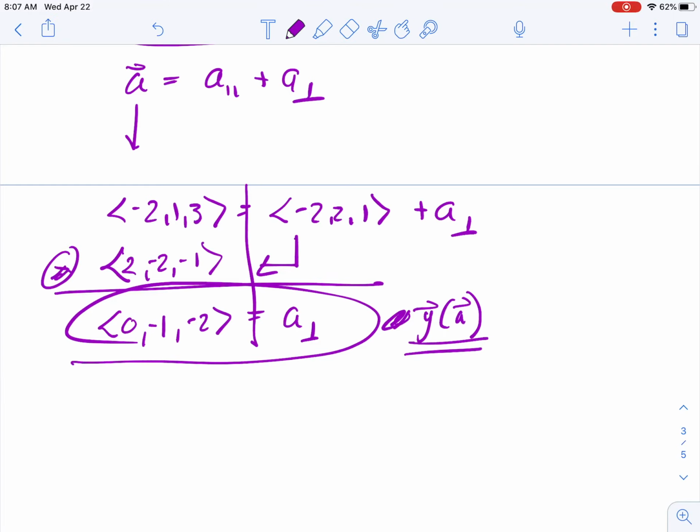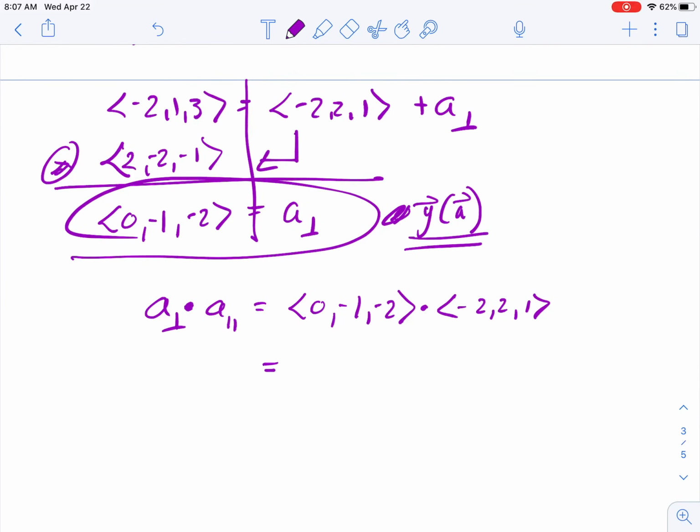Okay, and if I want to just double check, did I do all this right? Let's just go ahead and if we do A perpendicular dot A parallel, I should get 0. So I have 0, negative 1, negative 2, dot it with negative 2, 2, 1.